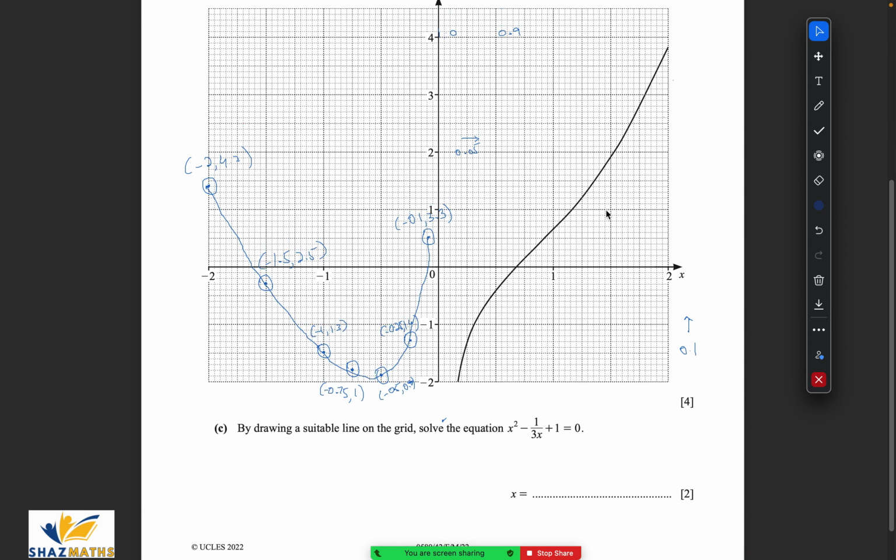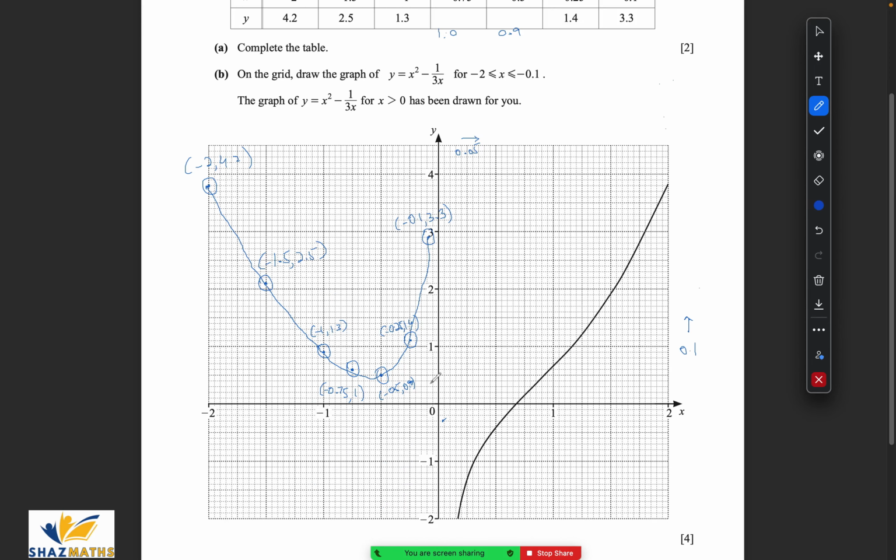Okay. Last part says, by drawing a suitable line on the grid, solve the equation x squared minus 1 over 3x plus 1 equals 0. We have to draw a suitable line and then solve this equation.